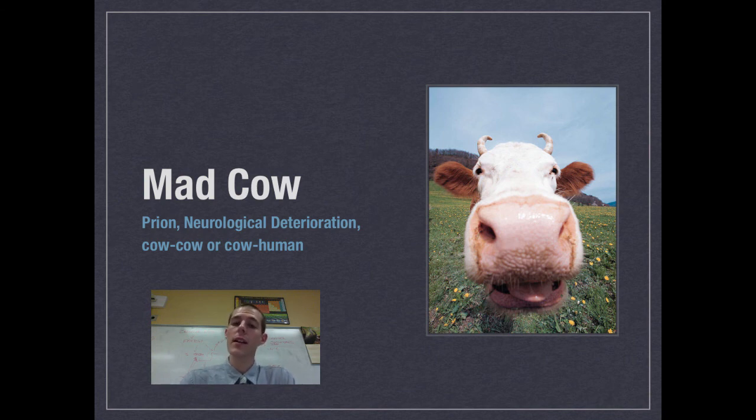It was first identified in cows, but it can be transmitted cow to cow or cow to human. Humans eating meat from an infected cow can get the disease. Unfortunately, properly cooking the meat generally will not kill off the prion. So when mad cow is identified, usually the cows are quarantined, and a lot of times they are put down because there's not a good way to deal with that pathogen.